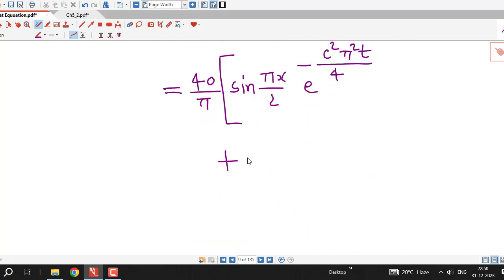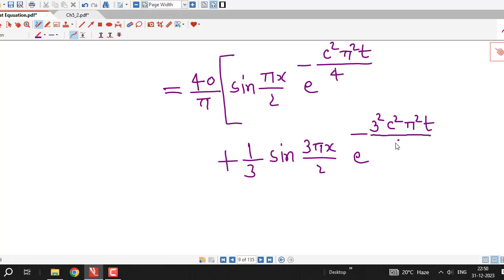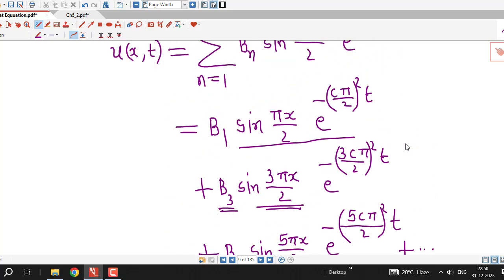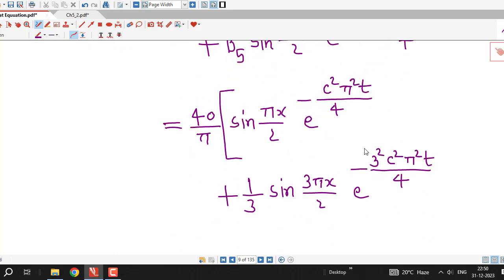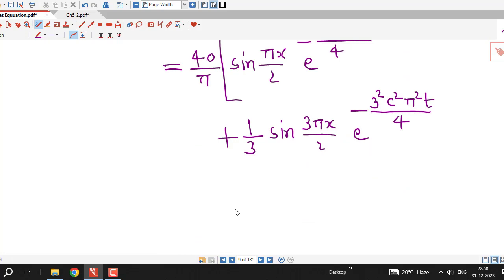So that also I am writing 1 divided by 3 sin 3 pi x over 2 e raised to minus 3 square c square pi square t divided by 4. Here I am taking square of this, that is 3 square c square pi square divided by 4 into t.